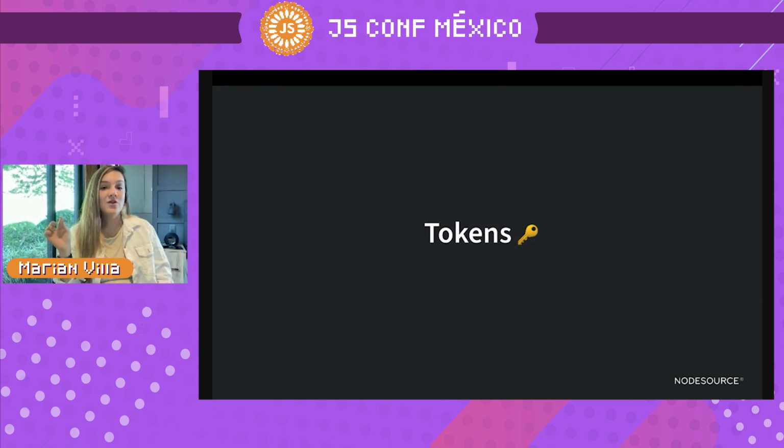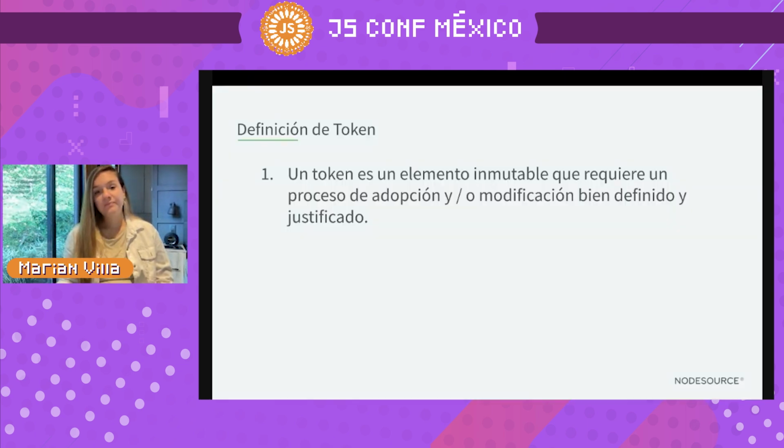They say that these are very small pieces of the design system, and their main function is to store information in the user interface, and this allows sustainable scale, while the coherence is assured across platforms. So the token is an element that will not change and that requires the adoption process, and is a very small piece, but must be very well structured from the beginning. And this is the essence.